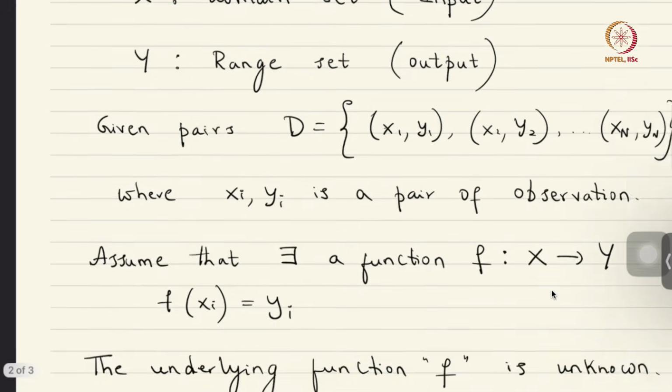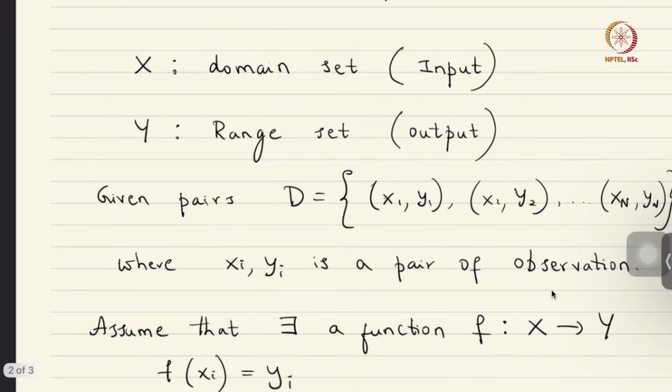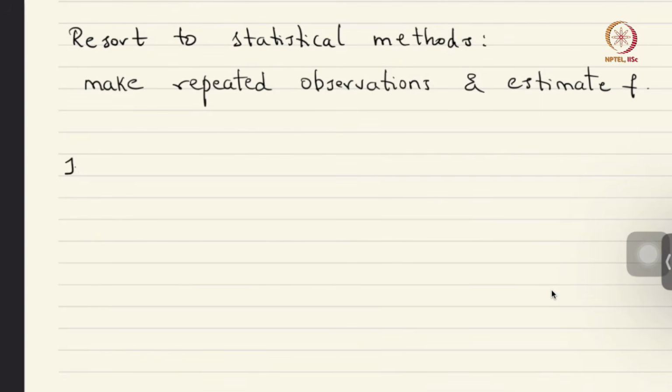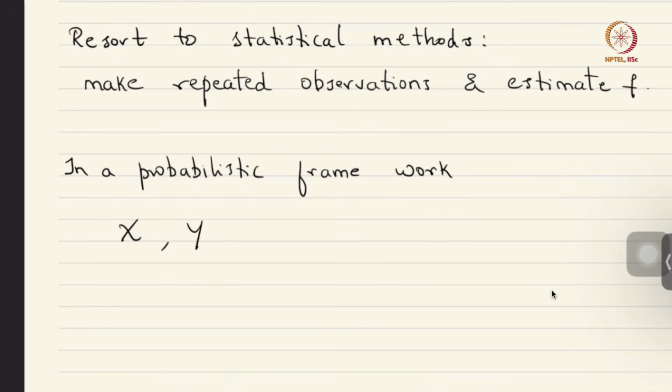Now from a probabilistic standpoint, things change. This x and y no longer happen to be deterministic sets, they happen to be random variables. So x and y in a probabilistic framework, the spaces x and y define, or rather impose, random variables.